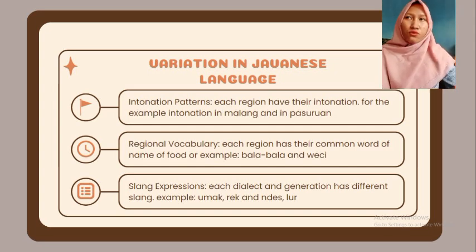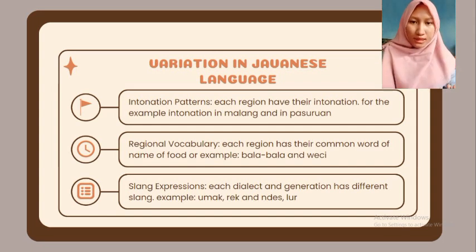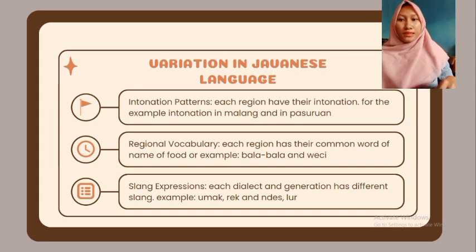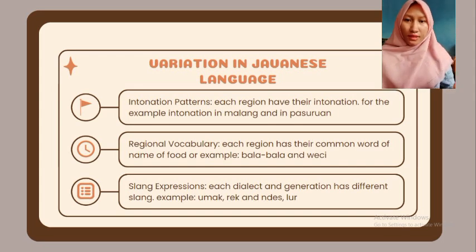For example, the name of food or cultural things. Here they usually say fried tempe with batter is tempe goreng tepung, but in other parts of Java they say it's mendoan. It's the same kind of food but it's different.